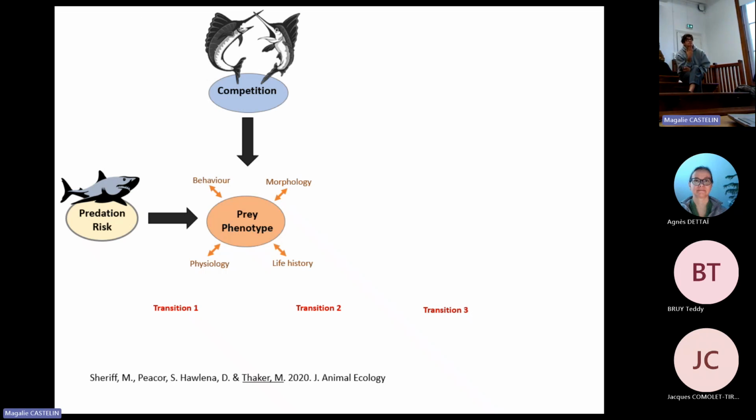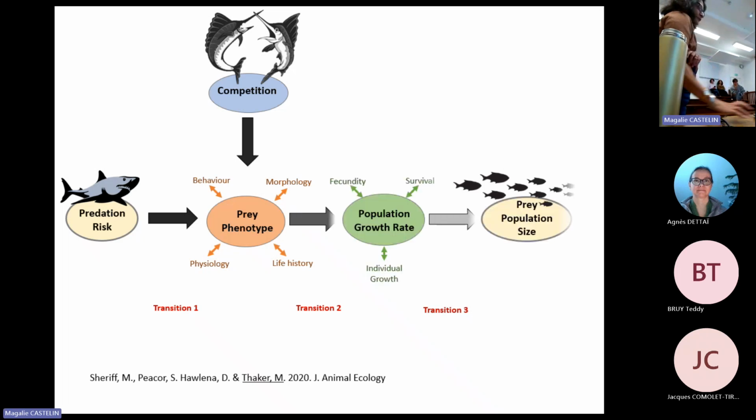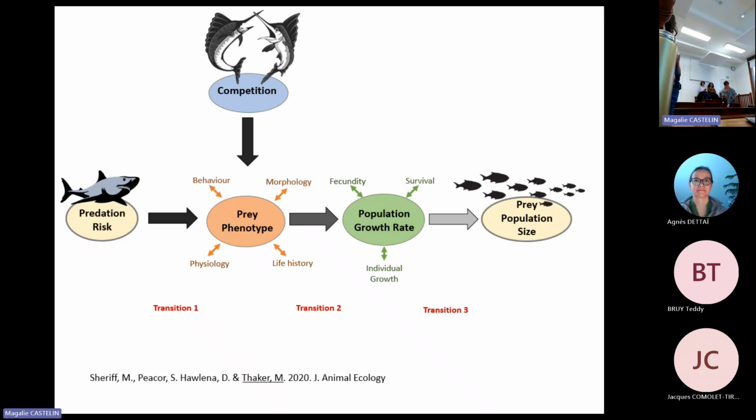Okay, so now we're here, and I took the life history corner to an eco-evolutionary level. We can also think about it at the inducible level, but nonetheless, how do we continue this rationale, right? How do we now say if phenotype affects growth rate, if growth rate affects population size?